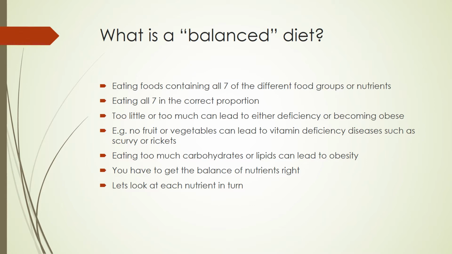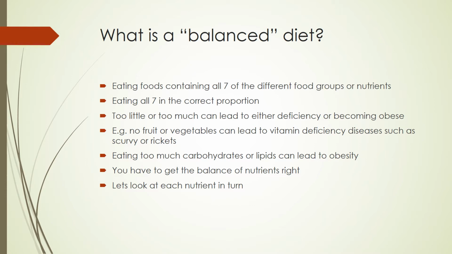It's no good eating lots and lots of protein if you're not getting any vitamins and minerals, for instance. Too little or too much of any one of the food groups can lead to a deficiency, or, if it's far too much, becoming obese.